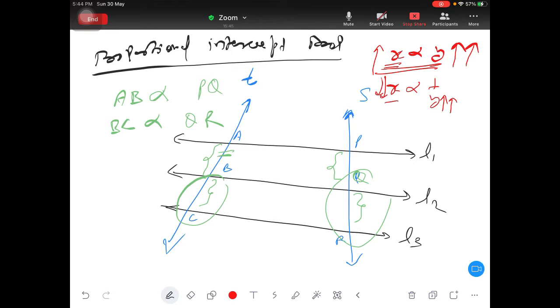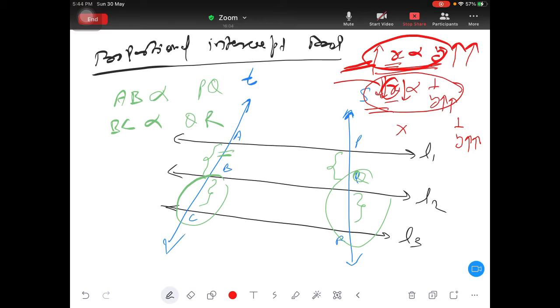Okay, so if it is written as 1 by y, then if y increases, x will decrease. And how will you read this? X is inversely proportional to y, and this one, x is directly proportional to y. Here direct and here inverse. So right now whatever you are seeing, this PQ and this AB are directly proportional.